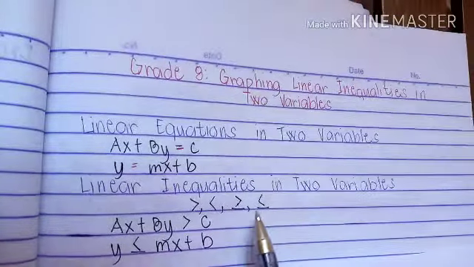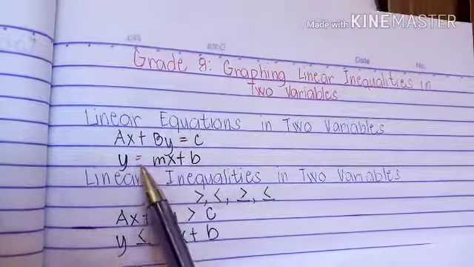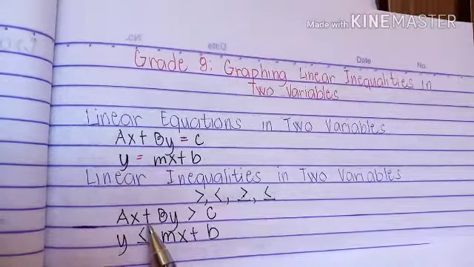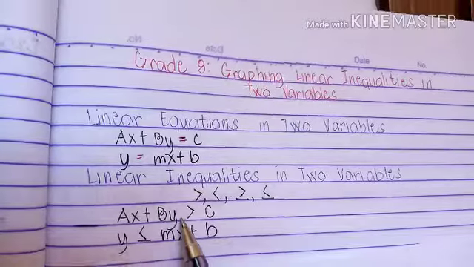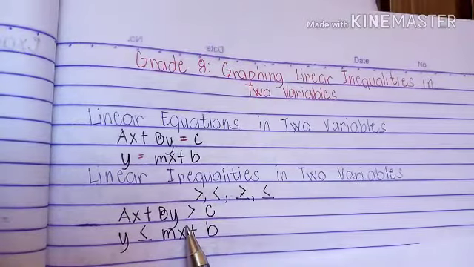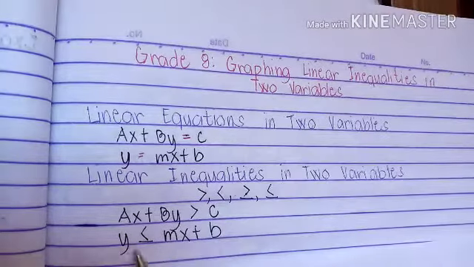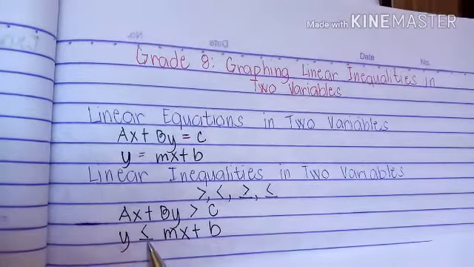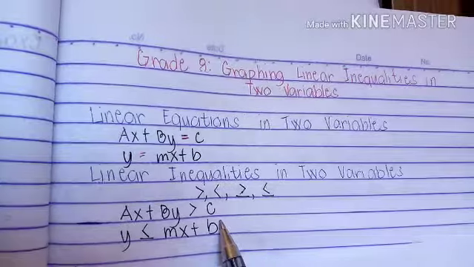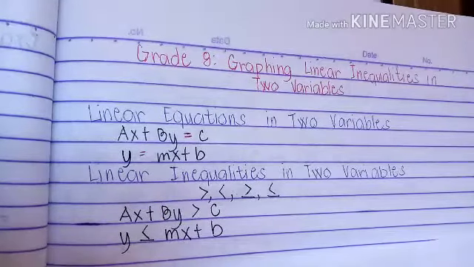If we have these signs instead of the equal sign, for example, ax + by > c, this is what we call a linear inequality in two variables. Or we can have y ≤ mx + b. That is also a linear inequality in two variables.